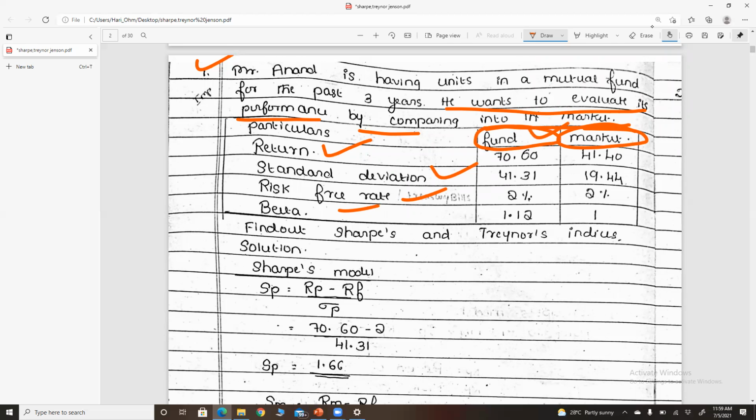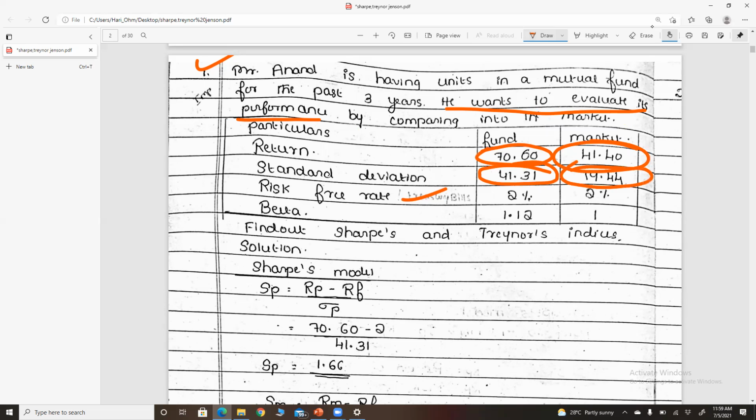Now, portfolio return is 70.60. Market return is 41.40. Standard deviation of the portfolio or fund is 41.31.